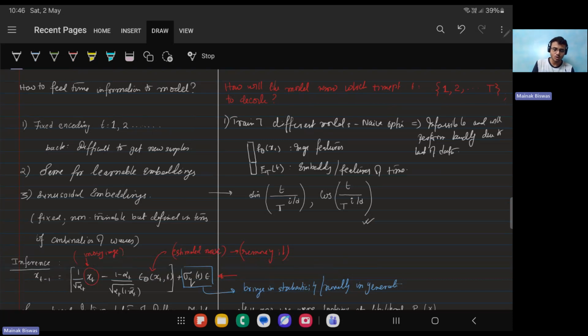You can have fixed encoding. You could just pass the model 0, 1, 2, all the way to T. This is one of the options, and it is generally not favored because there is not a lot of similarity or closeness between two numbers. Often when you pass a set of ones, a set of twos, a deep network would just treat them as categories.